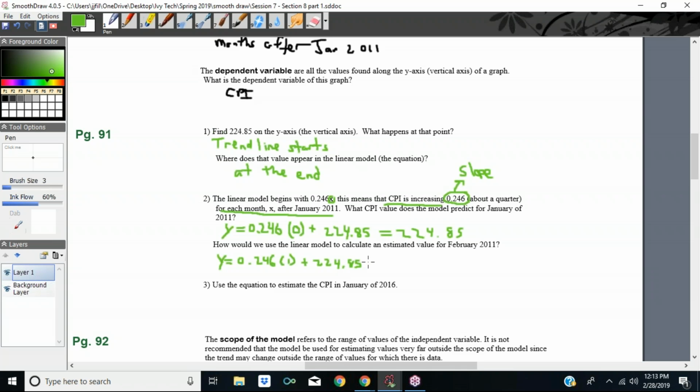And we would just, 0.246 times 1 is just 0.246 plus the 224.85. And that is in dollars and cents. We have to round to the nearest penny. And that looks like $225.10.